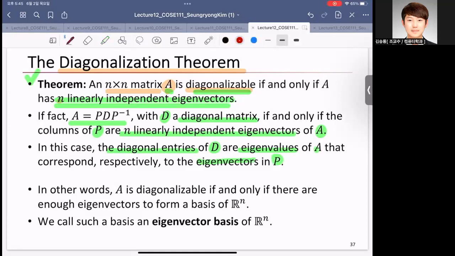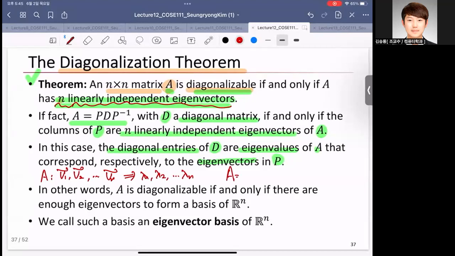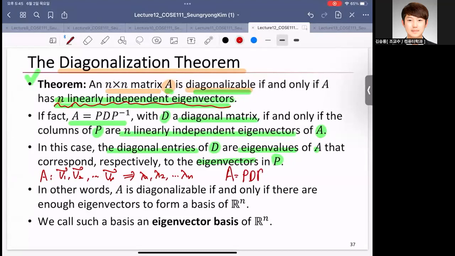In other words, what's the meaning of this? If matrix A has n linearly independent eigenvectors, let's say v1, v2, and vn, which correspond to lambda 1, lambda 2, lambda n, then our matrix A can be factorized as P D P inverse.